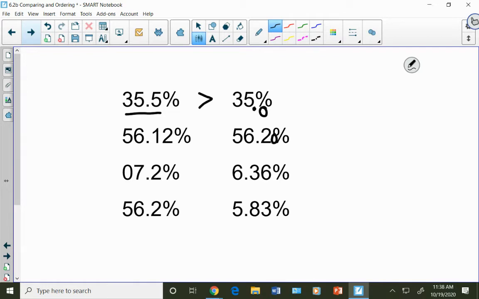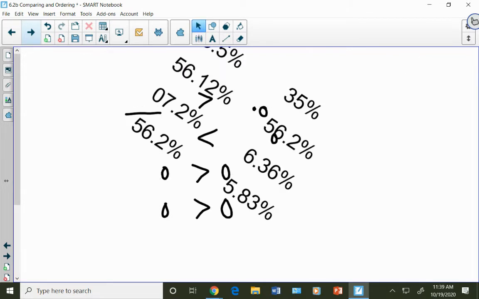Fill in the missing 0. 56.12 is smaller than 56.20. 7.20 is larger than 6.36%. 56% is bigger than 5%. So that's fairly simple. Just make them the same size. We missed that ratio too.